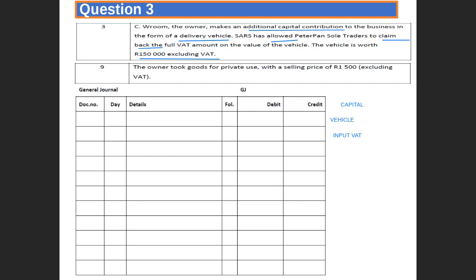Secondly, tell me, what is capital to us? Is it increasing or decreasing? And under which side will it do that?